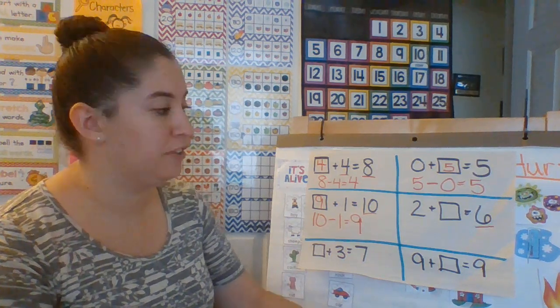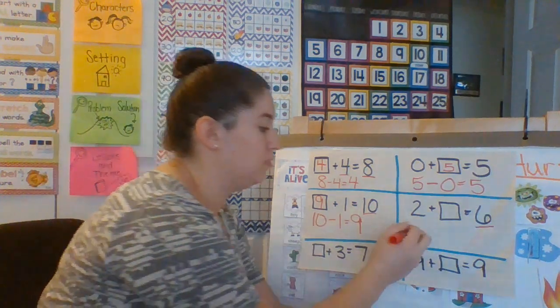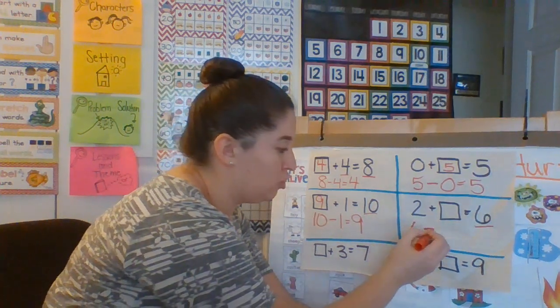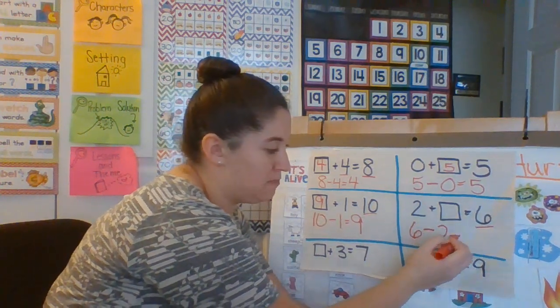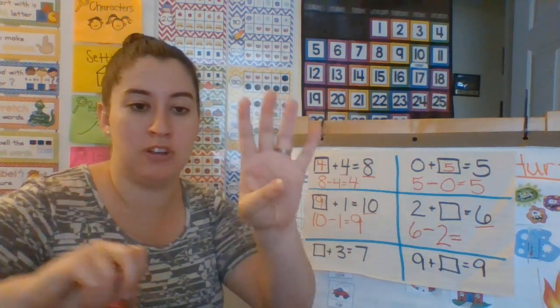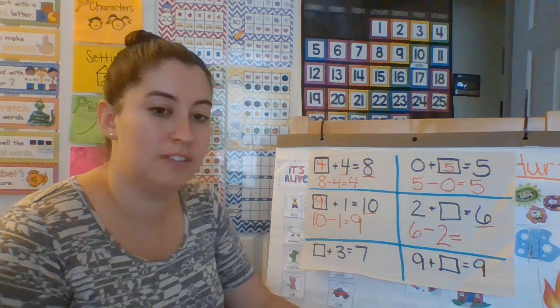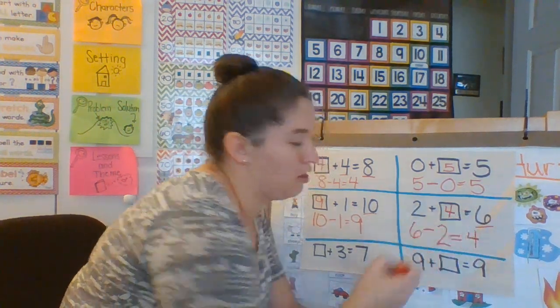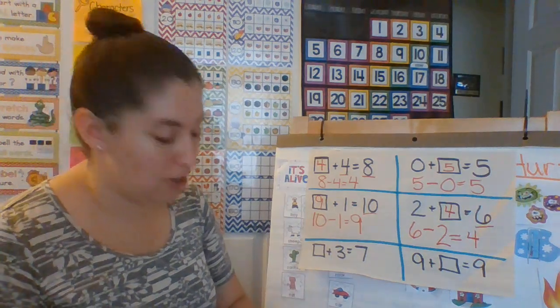Okay, so we agreed 6 was my whole. I had to make a group of 2. That means I'm taking away 2. I have 6. I'm taking away 2 to put them into a group. How many am I left with? 4. Great job.